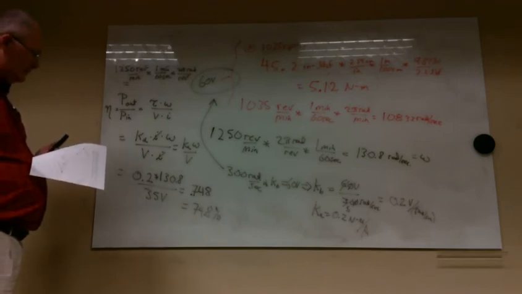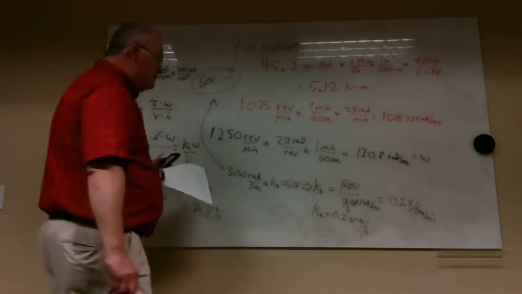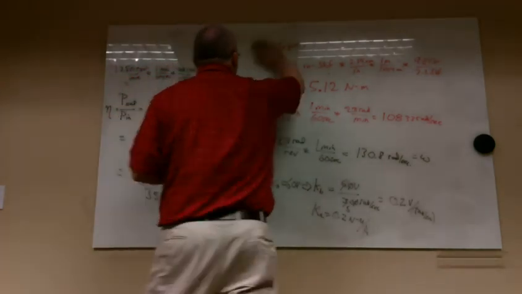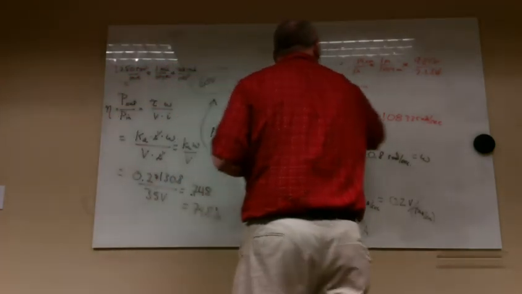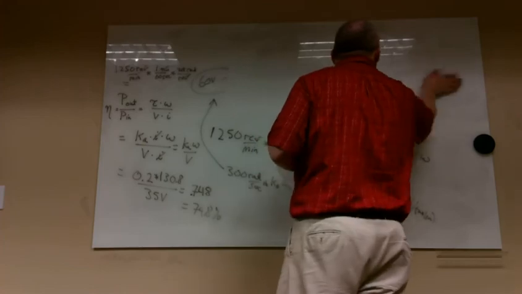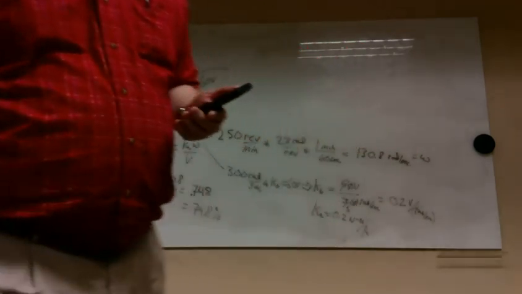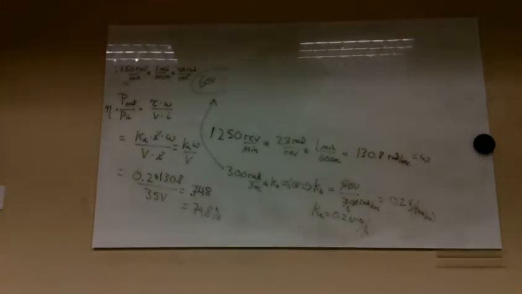That's one way of looking at the problem. Another way of looking at it is, okay, if I've got this 0.2 newton meters per amp, I can use my chart and ask myself what kind of torque I'm going to get at 35 volts.